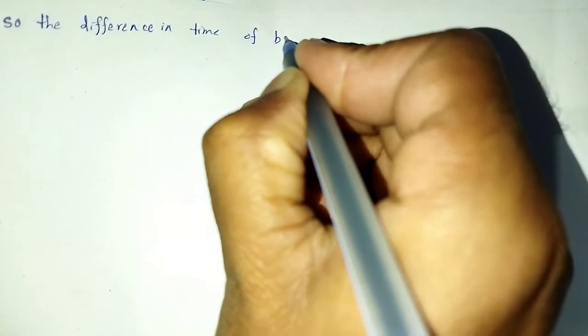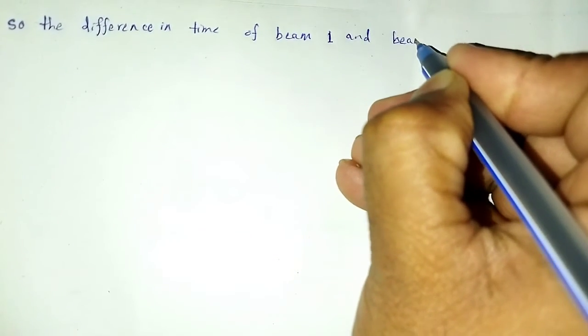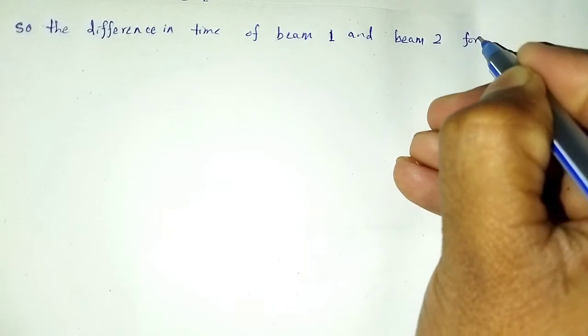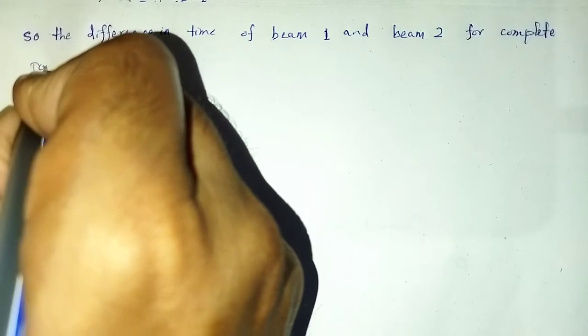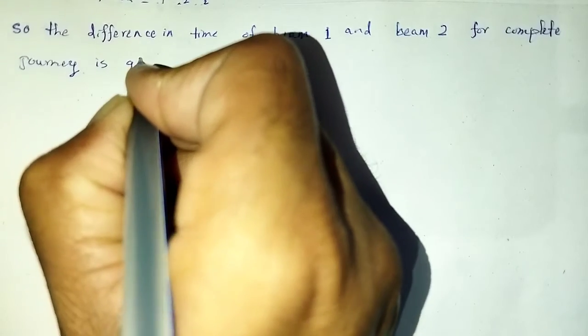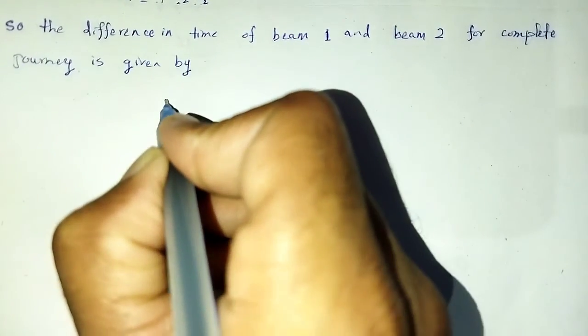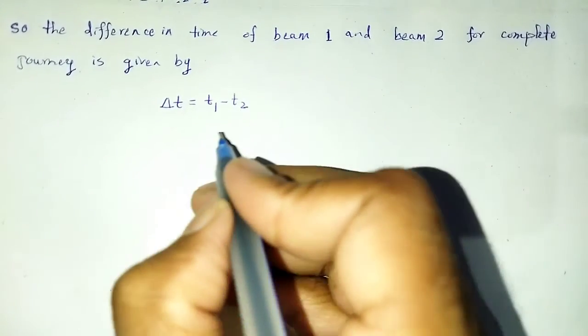So the difference in time of beam 1 and beam 2 for the complete journey is given by, that is change in time delta t is equal to T1 minus T2.